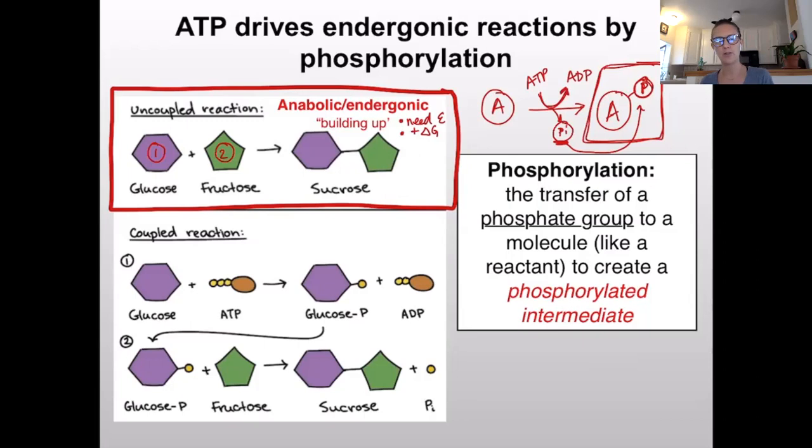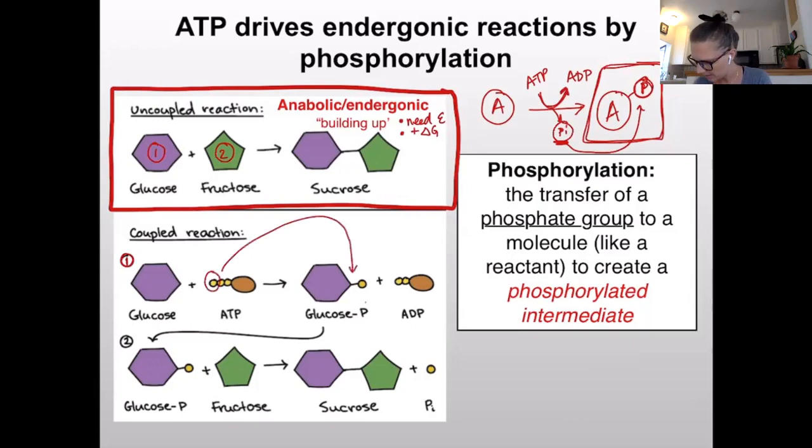The coupled reaction that actually happens occurs in 2 steps. The first step down here, number 1, is that glucose is going to interact with ATP. ATP is going to be hydrolyzed down to ADP, and this little phosphate that we lost is going to be added onto our glucose.